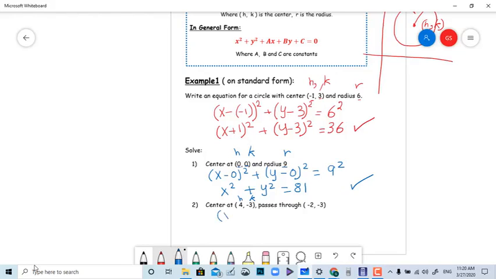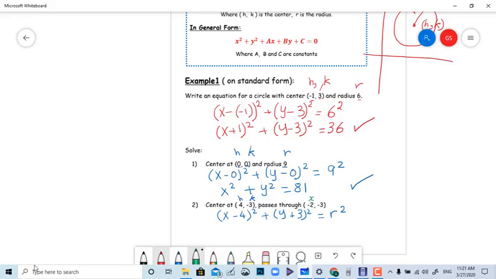It will be (x - 4)² + (y - (-3))², which is (y + 3)², equals r squared, which we don't know. Then what are we going to do next? We're going to put -2 and -3 instead of x and y.